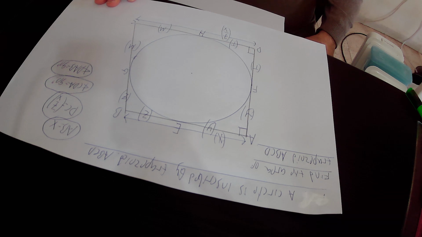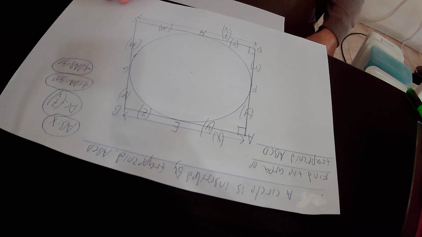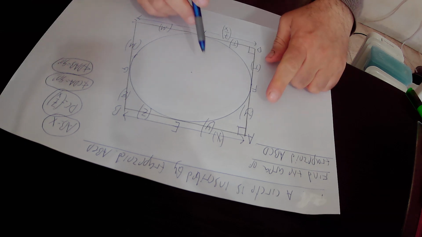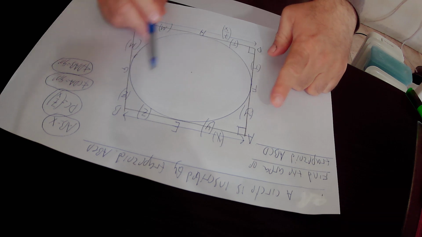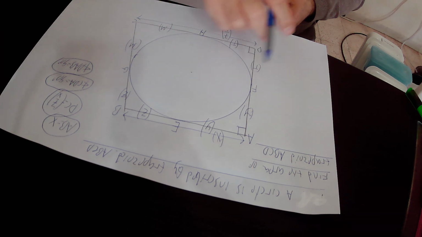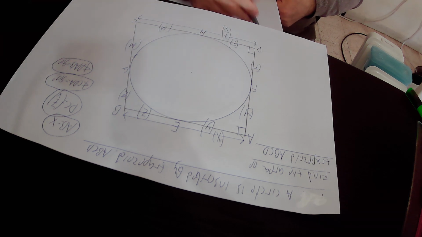So what is the value of side AB plus side DC? AB plus the opposite side DC.